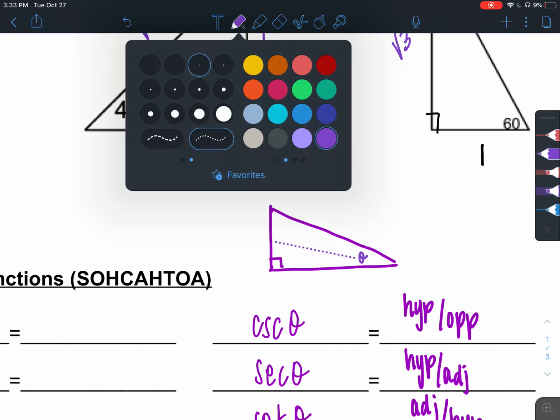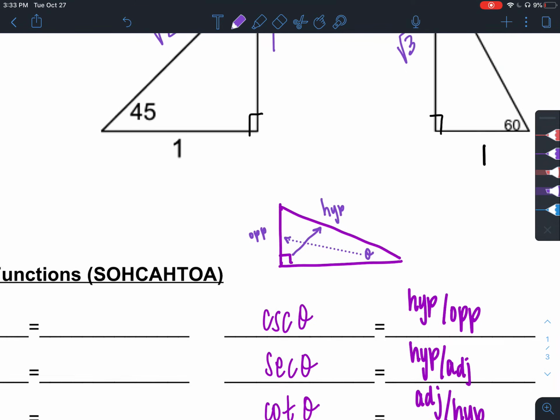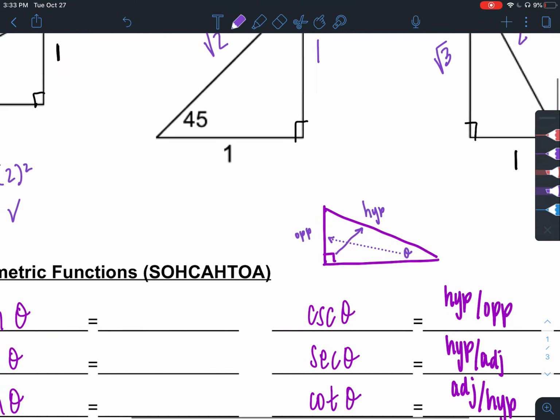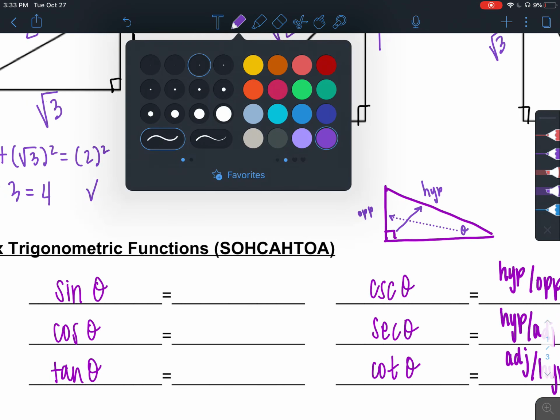It's kind of a terrible arrow. So the one that's directly across from theta is my angle. The one that's across from my right triangle is my hypotenuse. So this is my hypotenuse, this is my opposite side. Okay, and then the leftover one is the adjacent one. It's the one that's next to the angle that is not the hypotenuse. Let's go ahead and run through these.